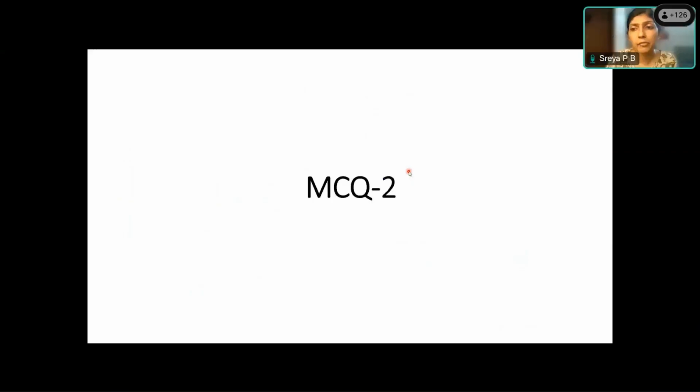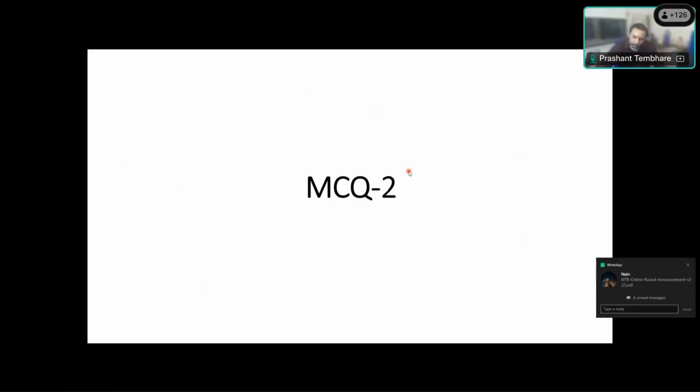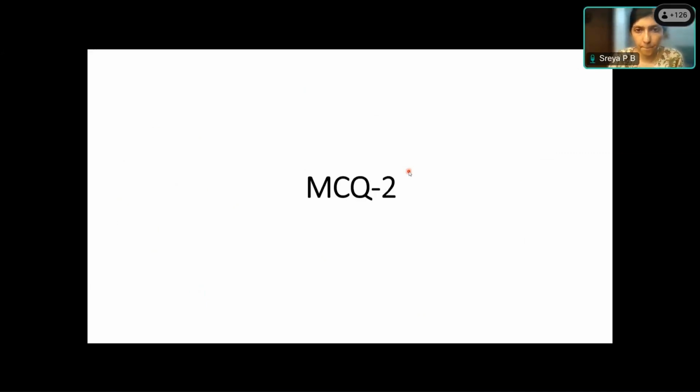Next question is CD15 versus CD13 pattern in promyelocytes. CD13 and CD15 also show a maturation pattern. I have not considered that; if you combine many markers, you will get multiple marker patterns.